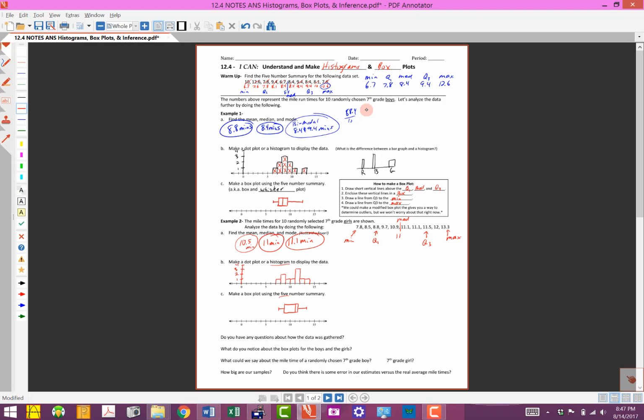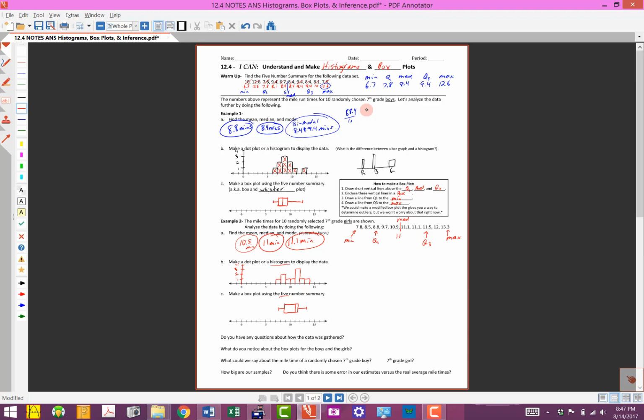We chose 10 of them to be in our sample. But you might ask, how were they randomly chosen? Did somebody flip a coin? Did they use a random number generator? Did they choose what class they were in, or did they just pick whatever class was convenient? Gym was third period, so they went down third period or something like that. So you might have some questions about that.